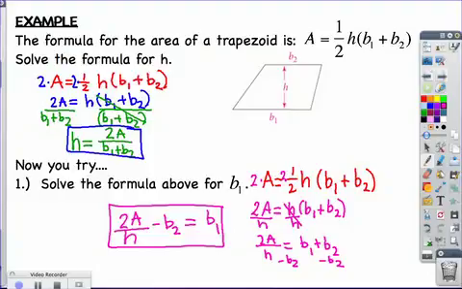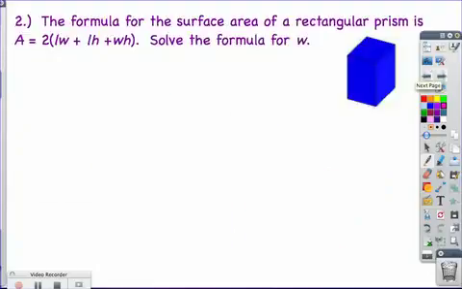Next, I'm going to subtract LH, since there is no W in that term. So now I have A over 2 minus L times H equals LW plus WH.